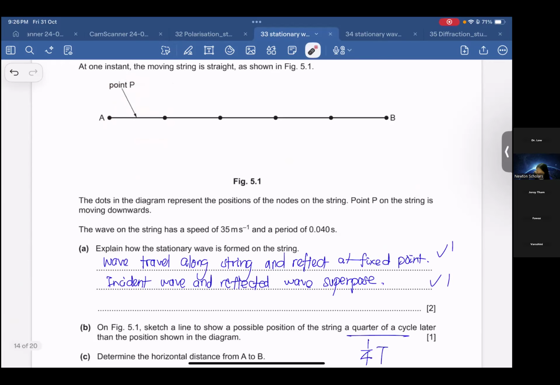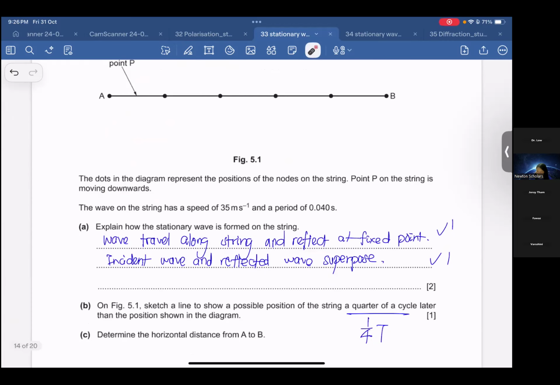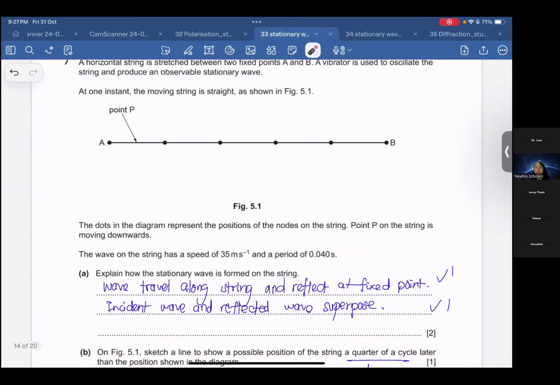Then here they say that point P is moving downward first. The question is asking you to sketch a line to show a possible position of the string a quarter of a cycle later. Any of you can tell me? What is your idea? Where does it go after 1 over 4?